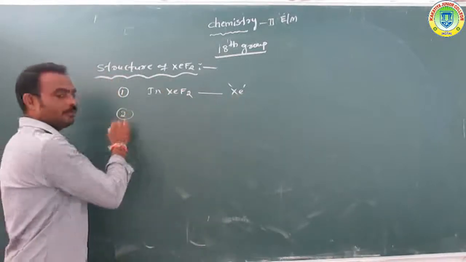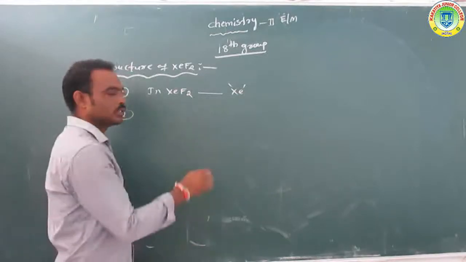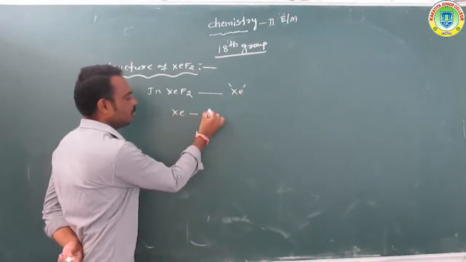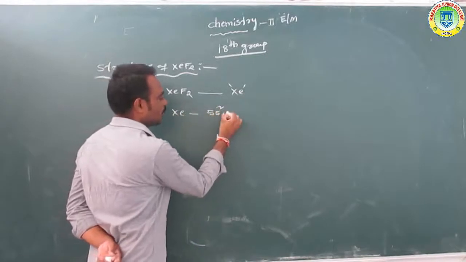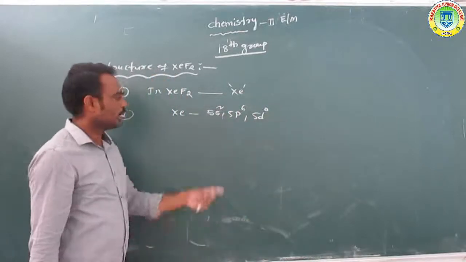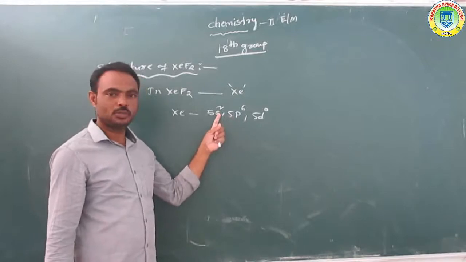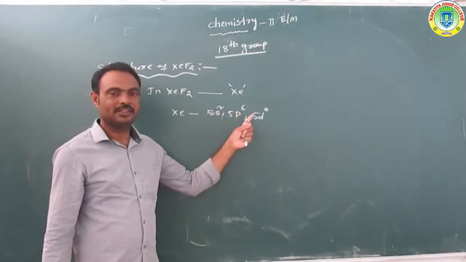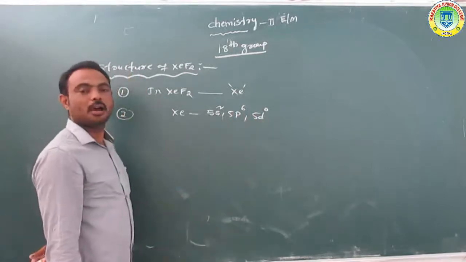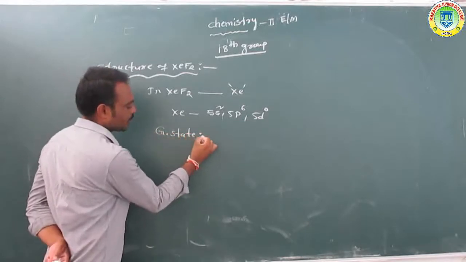What is the outer shell electronic configuration of xenon? The outer shell electronic configuration of xenon is 5s2, 5p6, 5d0. So we write the orbitals, it is the ground state. Already we know the ground state.